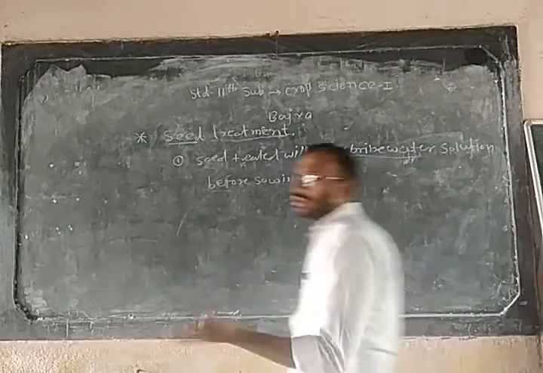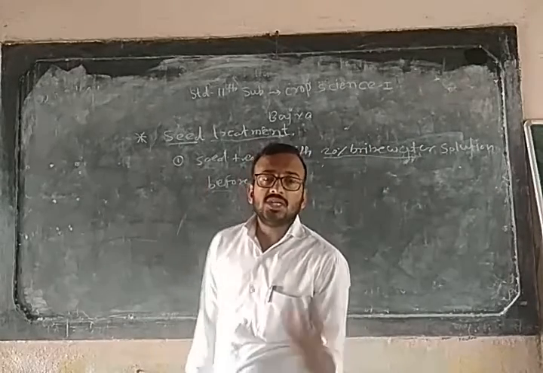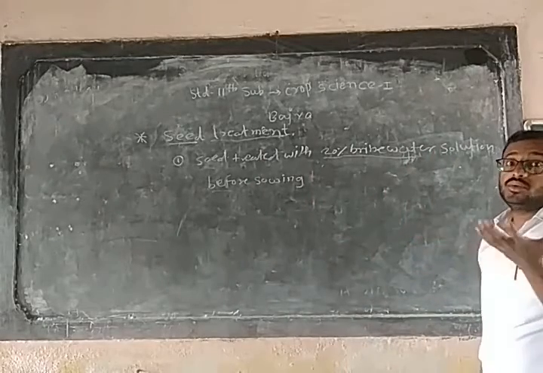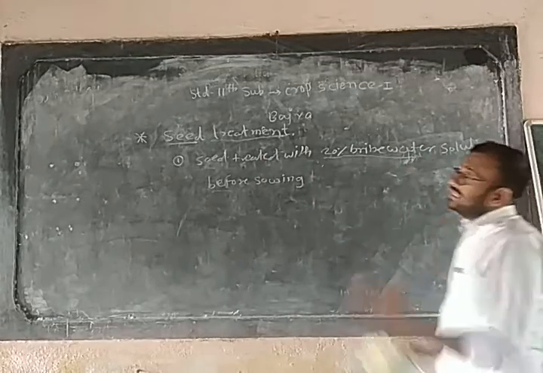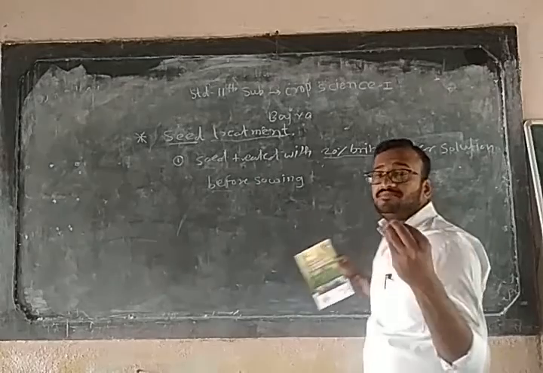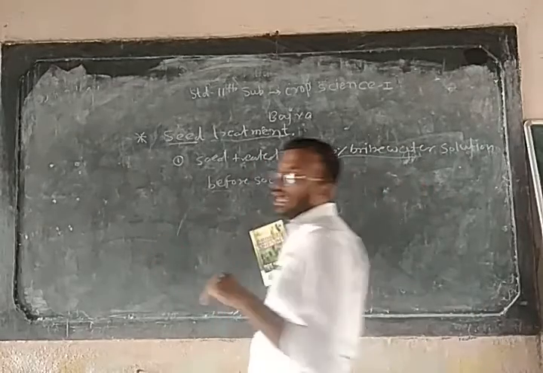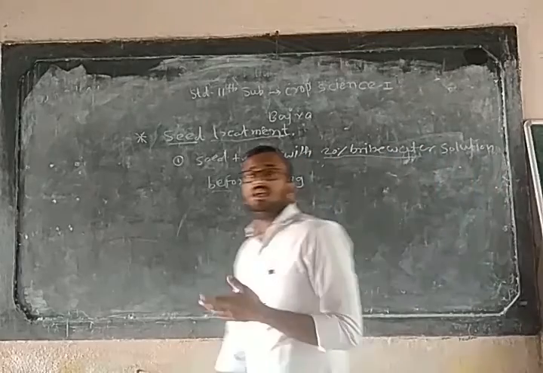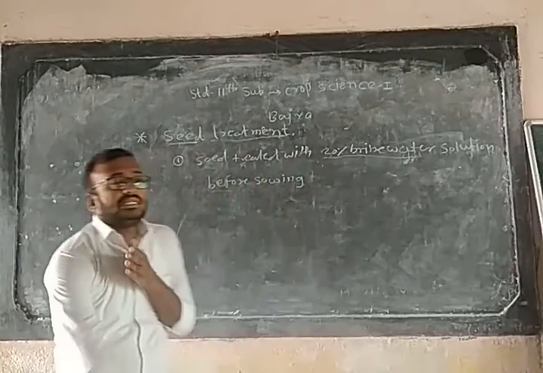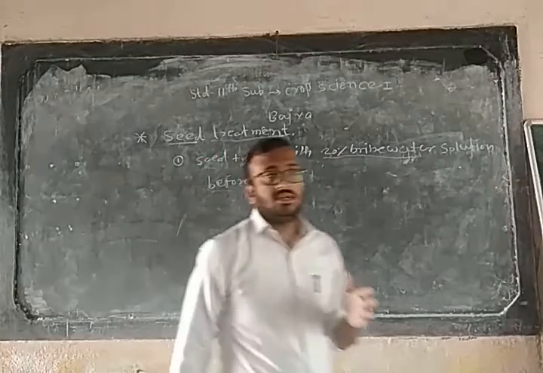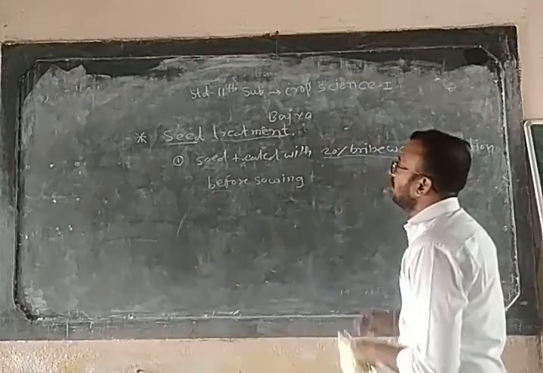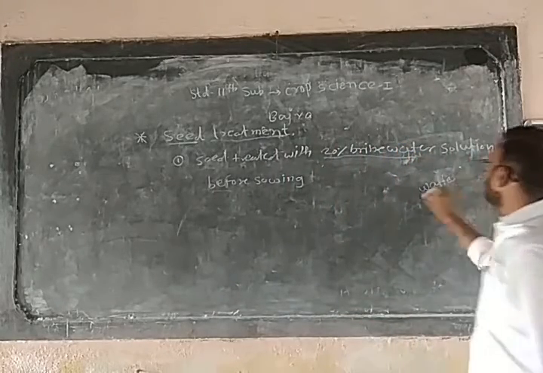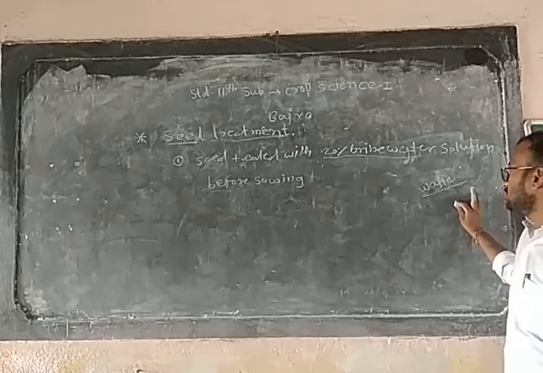After 2 to 3 minutes of waiting, you see that some seeds are floating above the water due to their less weight, and it is said that floating seeds are debarred, or we can say they are waste seeds among the sowing seeds.